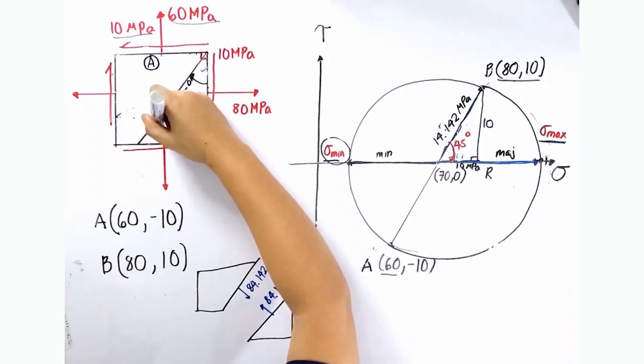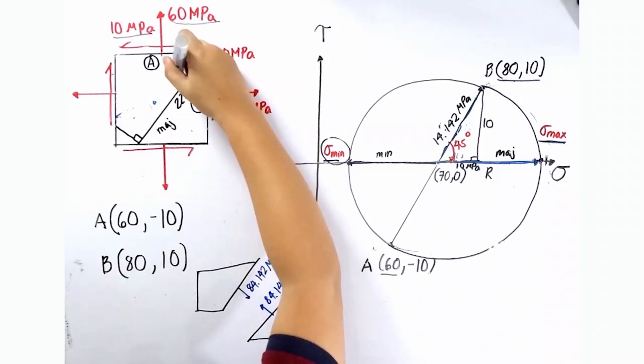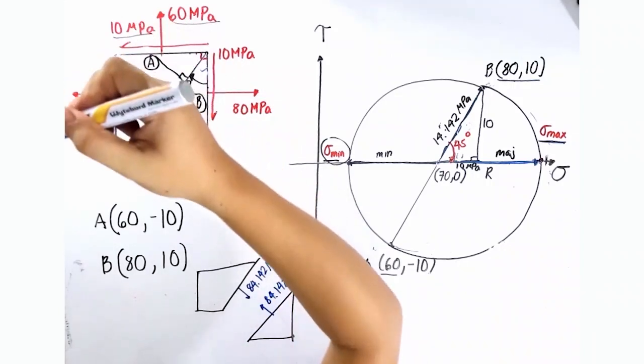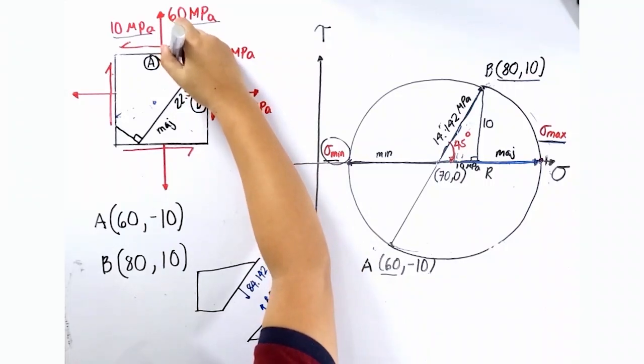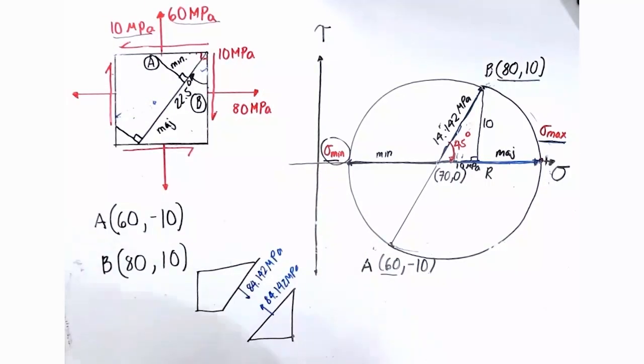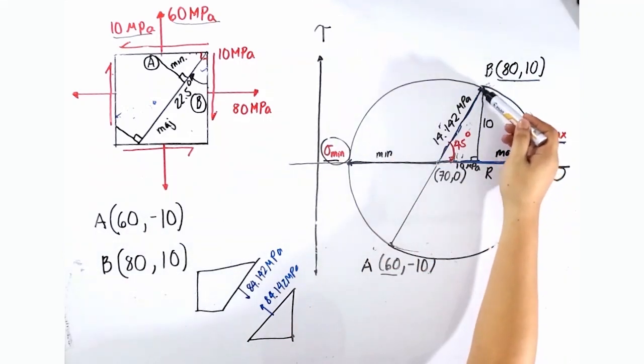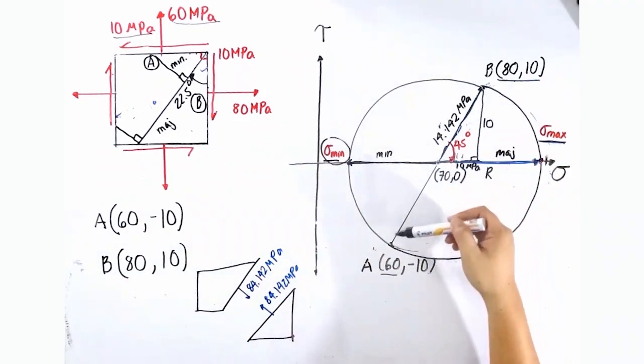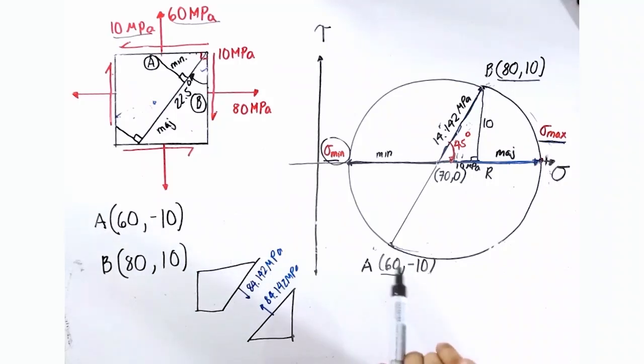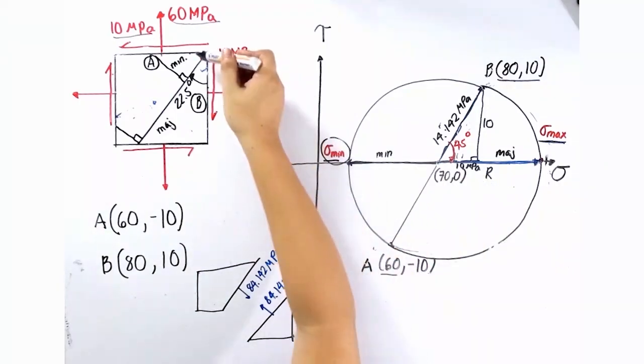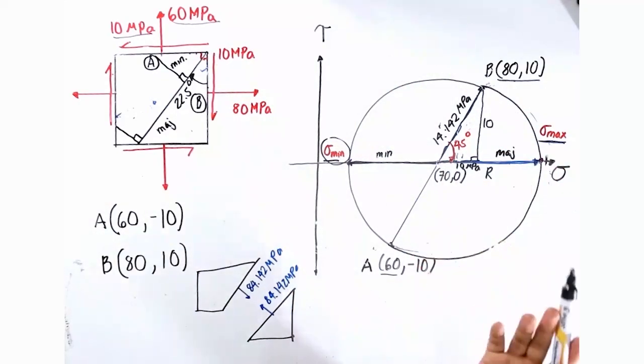If this is the major principal stress, anything that is perpendicular to the major principal plane contains the minor principal stresses. Remember, if you want to consider those 2 points as a coordinate, you should check first if this is really 90 degrees. Why? Because 90 times 2 is 180 and 180 is a straight line.